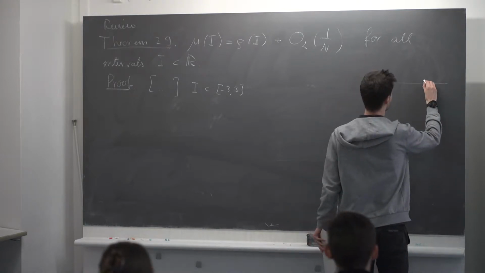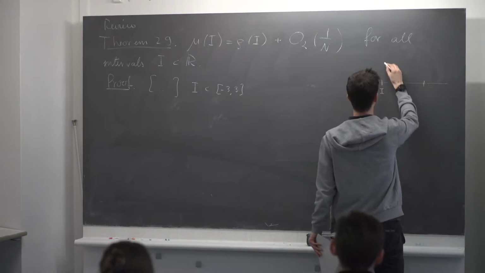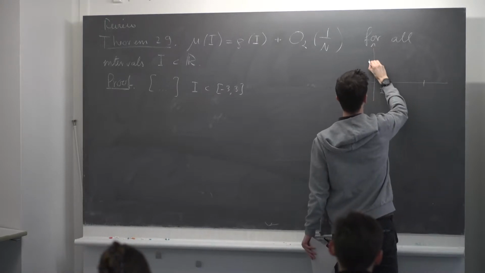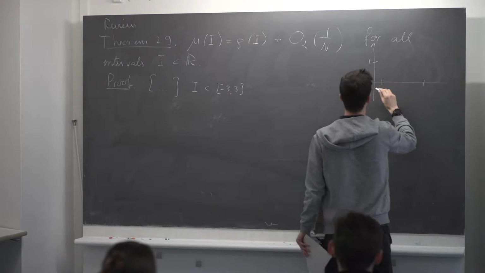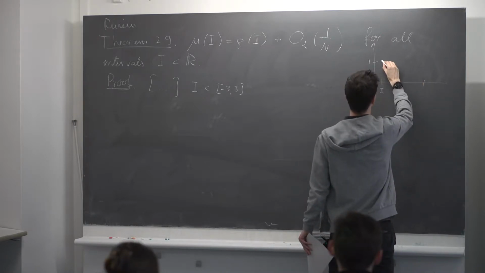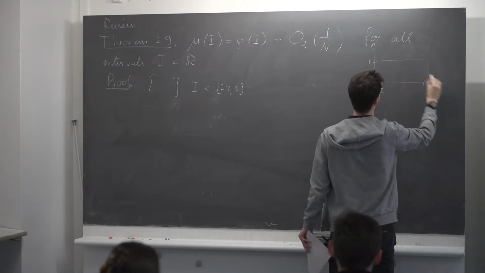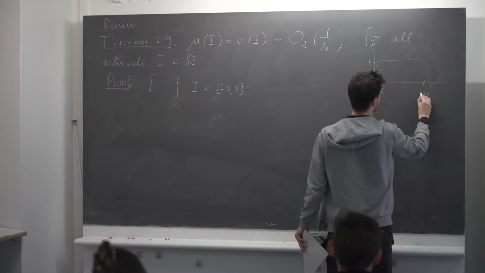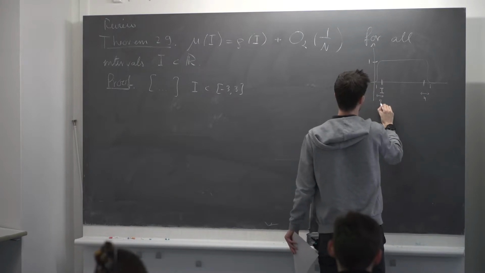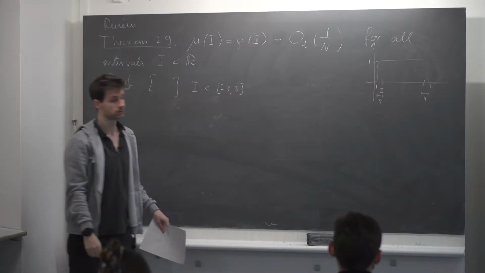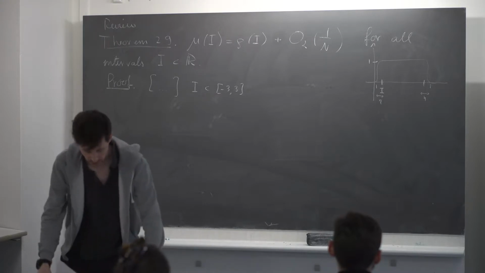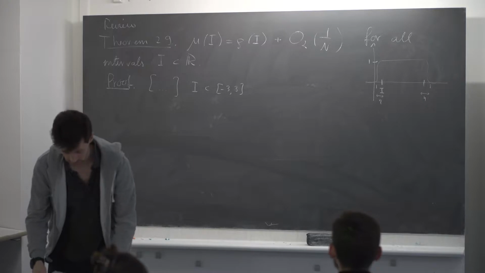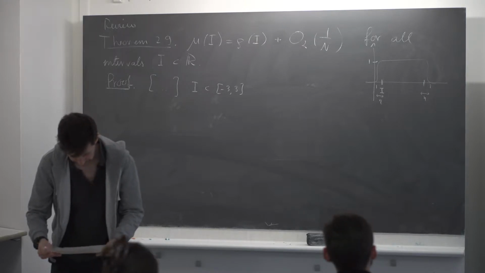And if this is my interval, I take a function f which is smooth. It's equal to 1 on the interval, and it's equal to 0 if your distance to the interval is greater than or equal to eta.